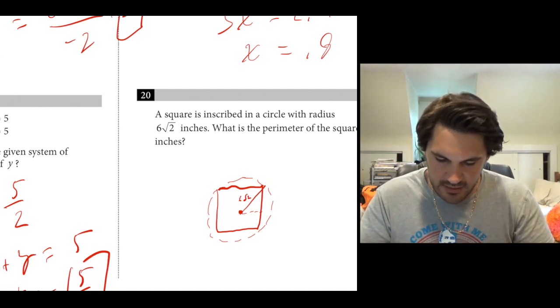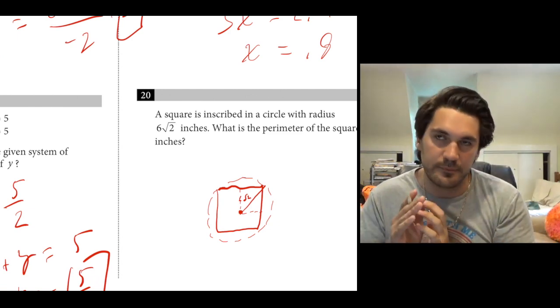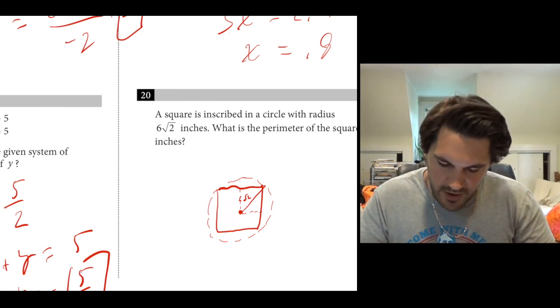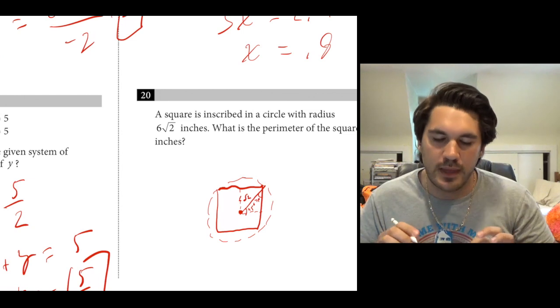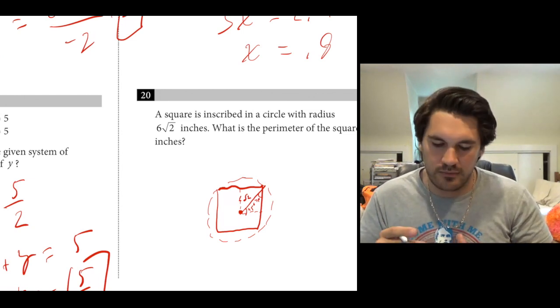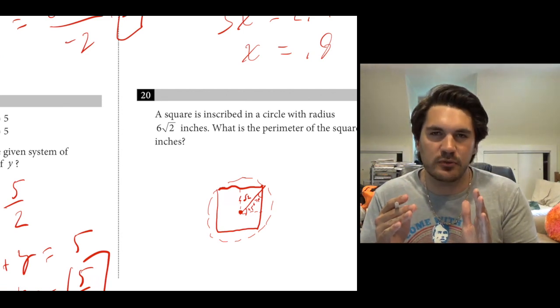So then this dotted line would be equivalent to this dotted line that I just drew, which is equivalent to half of the side, right? So if the hypotenuse is 6 root 2, that means each side of that little triangle that I just drew must be equal to 6.